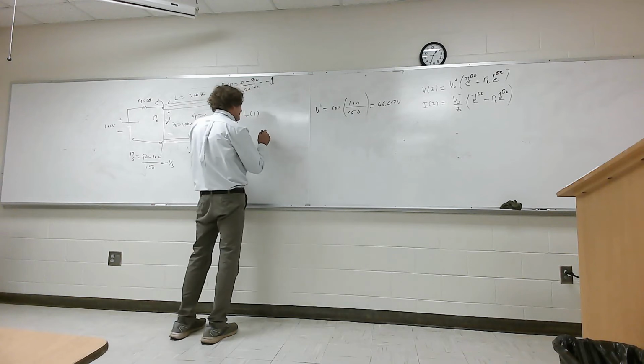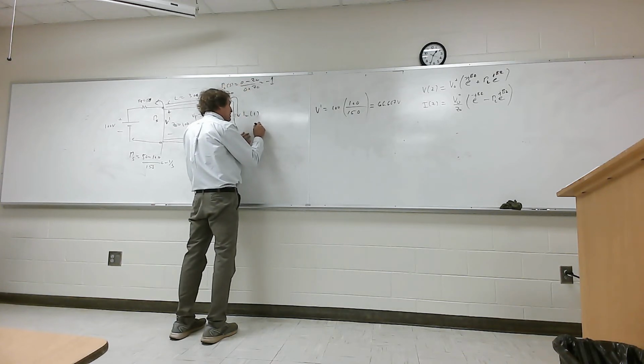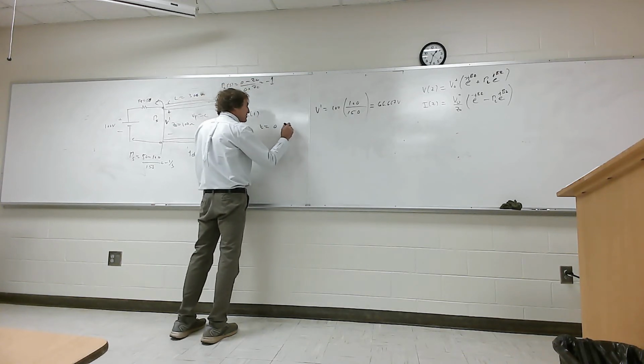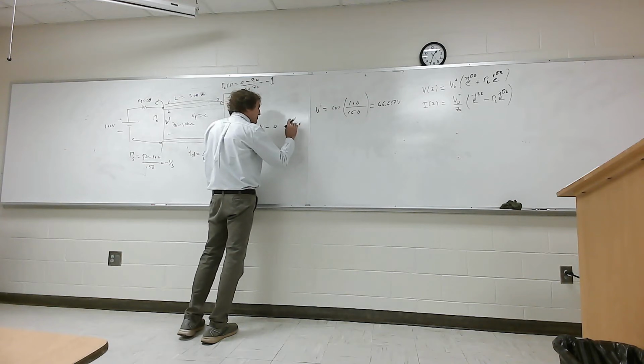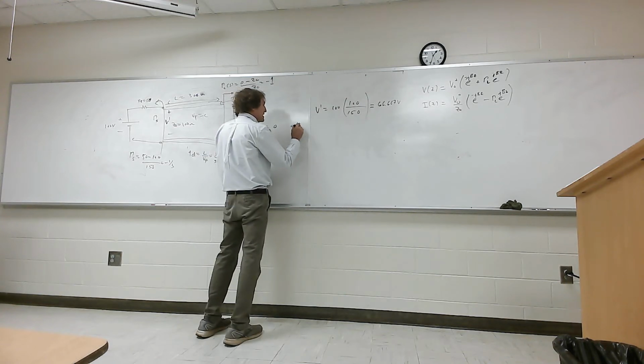I'll draw this thing out in a second, but I can tell you what it's going to be. The current at the load will be 0 for t less than 1 microsecond.